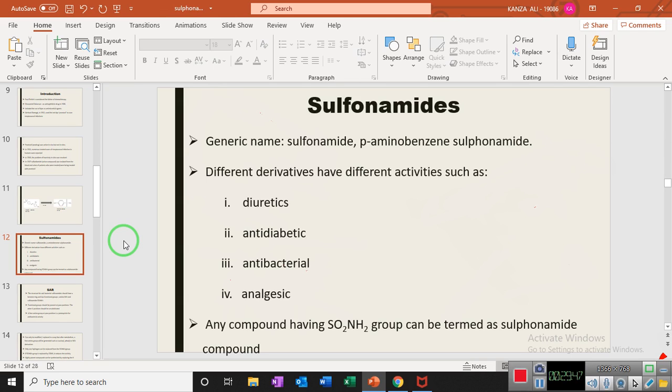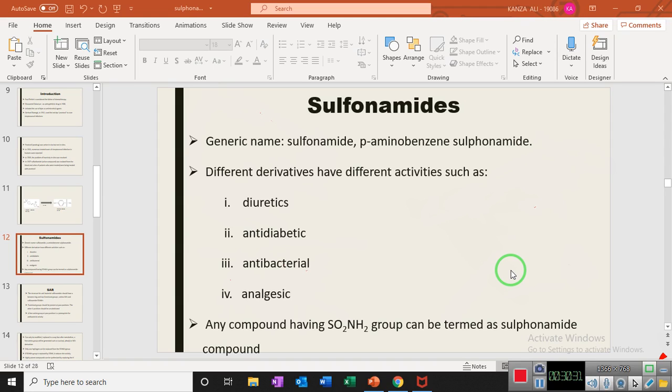Very briefly, when we talk about their mode of action, we can say that the analgesic compounds are those which are going to inhibit the perception of the pain.